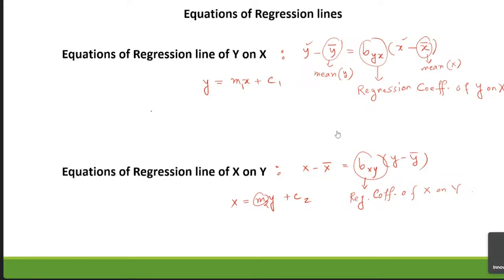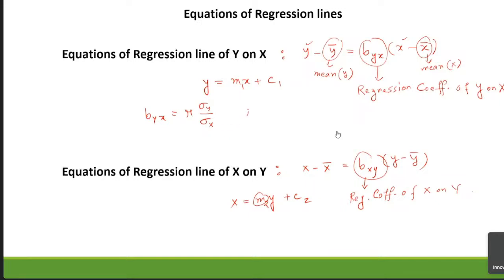Now what is the formula of byx? The general formula of byx relates the correlation coefficient also. If it is byx, we will write byx equal to r into sigma y by sigma x.